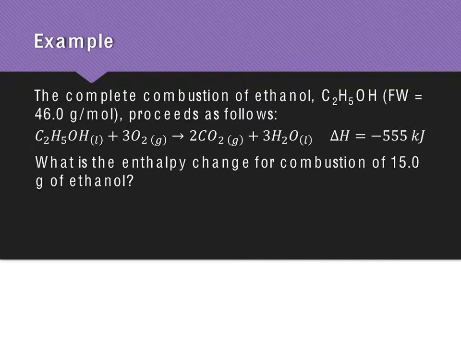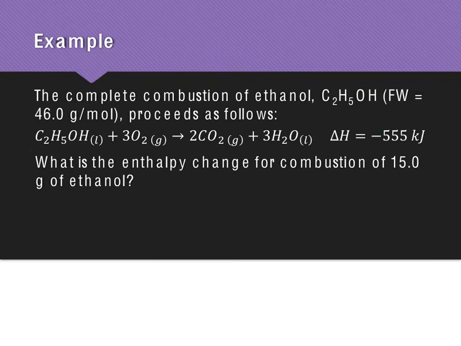They're saying, what's the enthalpy change for combustion of 15 grams of ethanol? So this reaction says that if I have 1 mole of ethanol and 3 moles of oxygen, I get 2 moles of carbon dioxide and 3 moles of water. This is implying that I have negative 555 kilojoules of change for every 1 mole of this, or for every 3 of this, or for every 2 of this, or for every 3 of this.